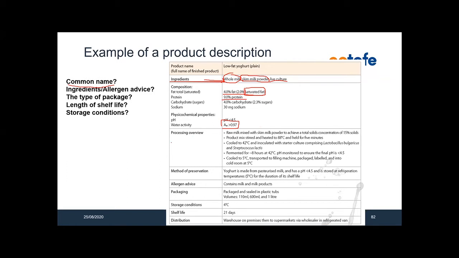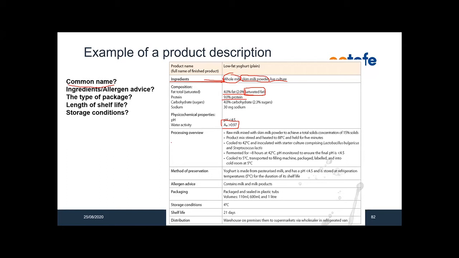And then the next step, we're going to look at the process. So in general, briefly in this table, it describes the process. How do you process the whole milk, skim milk powder, and live culture, and then get the final product? So raw milk is mixed with skim milk powder to achieve a total solid concentration of 15%. The mix is stirred, heated to 88 degrees and held for 5 minutes.